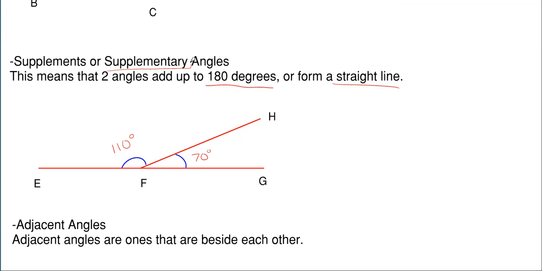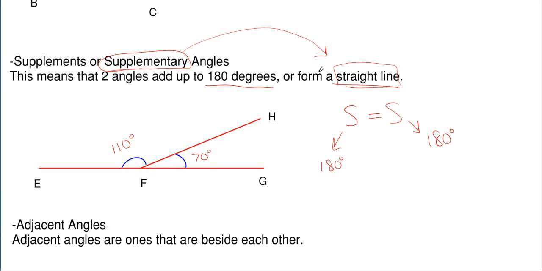Supplementary begins with the letter S, and a straight line also begins with the letter S. So that's one way to remember it, because a straight line is 180 degrees, and a supplementary angle forms 180 degrees when you add those two angles together. So supplementary is 180 degrees with a straight line, and the opposite, complementary, is 90 degrees. Nice little easy way to remember it. S equals S.